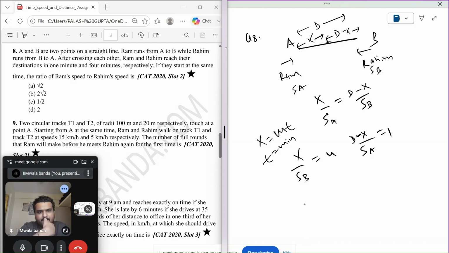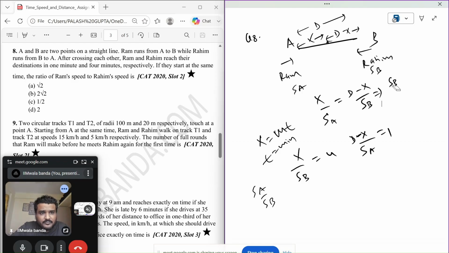Now, what do I want? I want the speeds ratio. So SB upon speed of Ram to Rahim, A to B. So keep it like that only. Don't get confused. Okay, this we need to find.